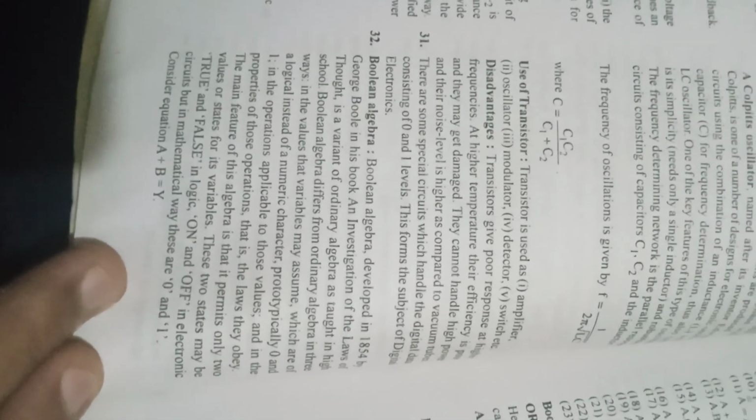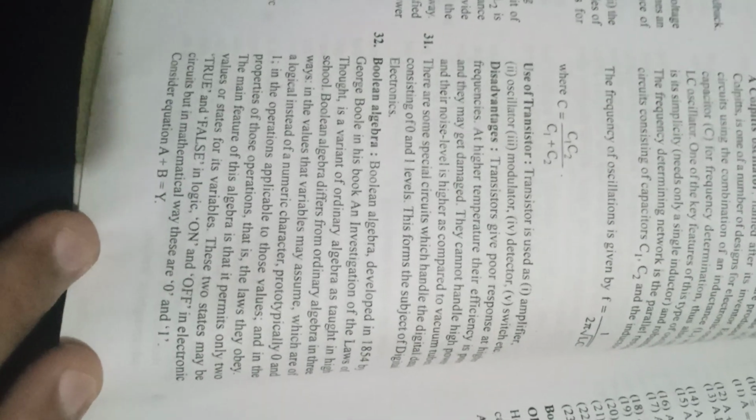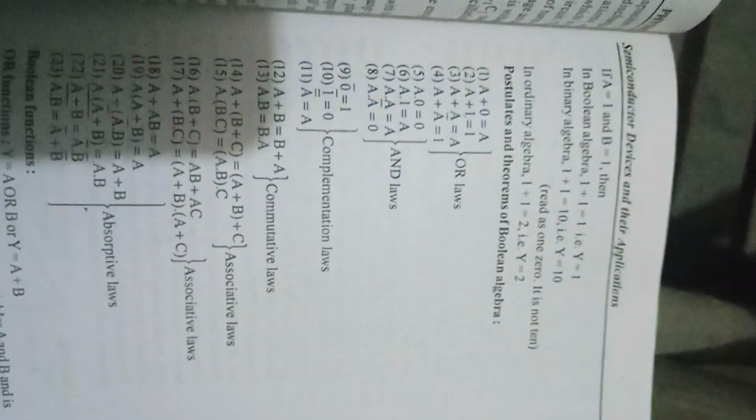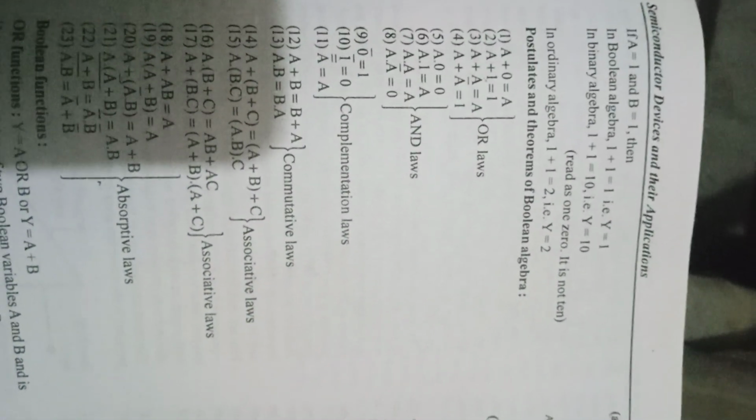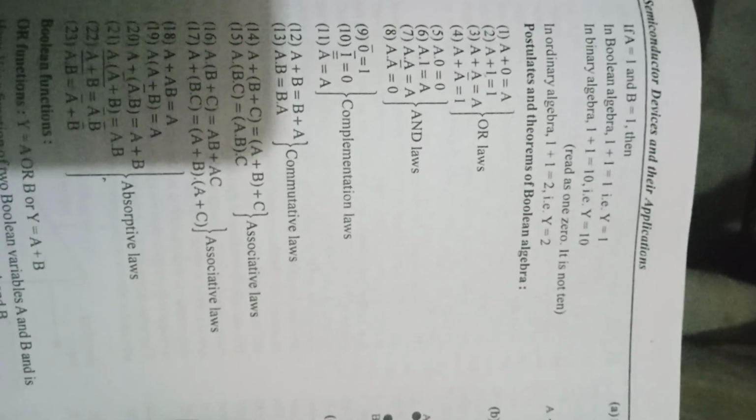So let us say you have an equation A plus B is equal to Y. If you put A equal to 1 and B equal to 1, what will you have? In Boolean algebra, A plus B is again equal to 1. How?